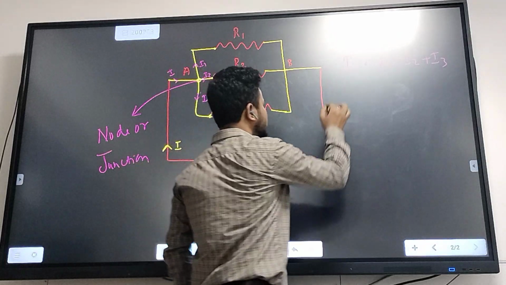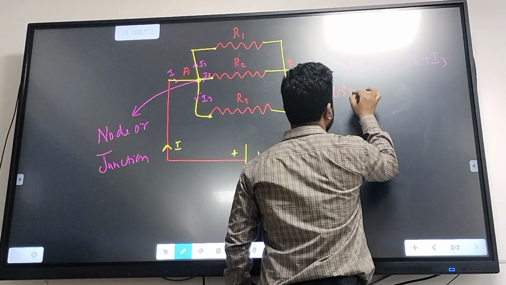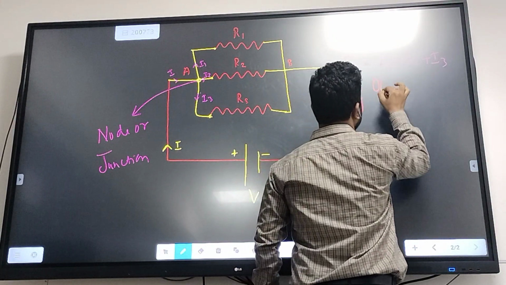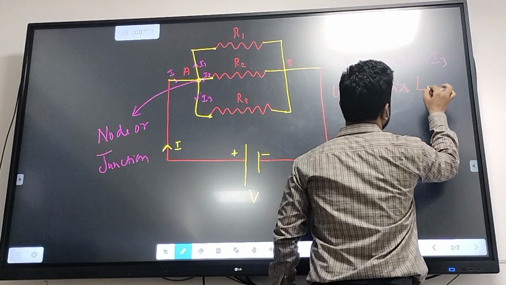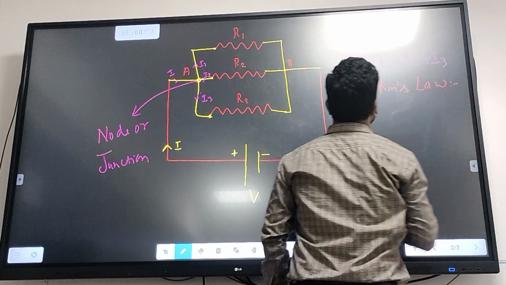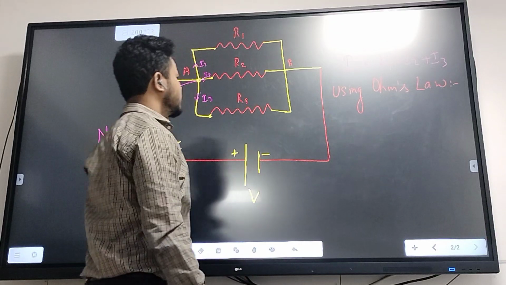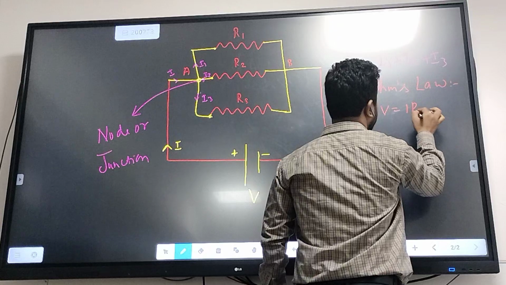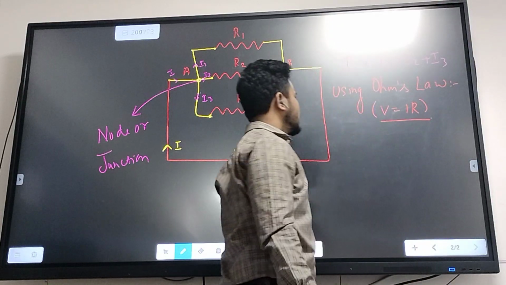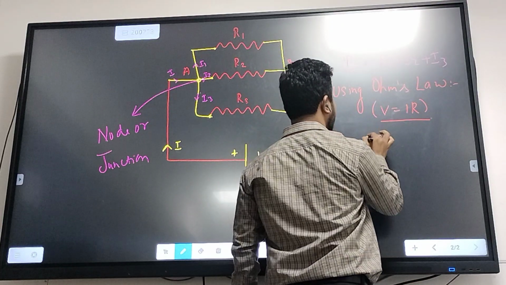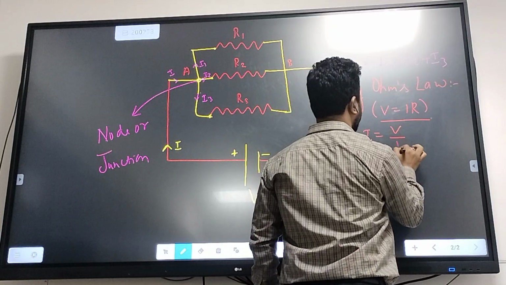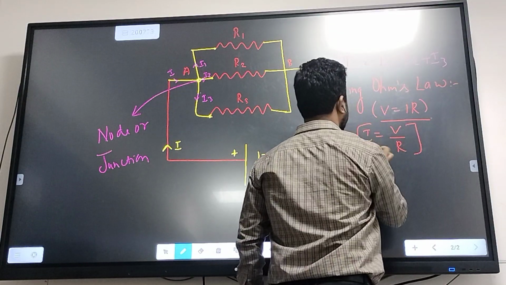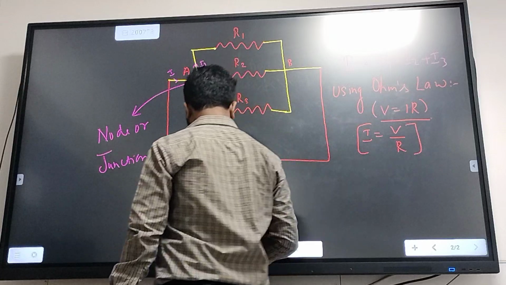We know that V equals I into R, so I can write I equals V upon R.